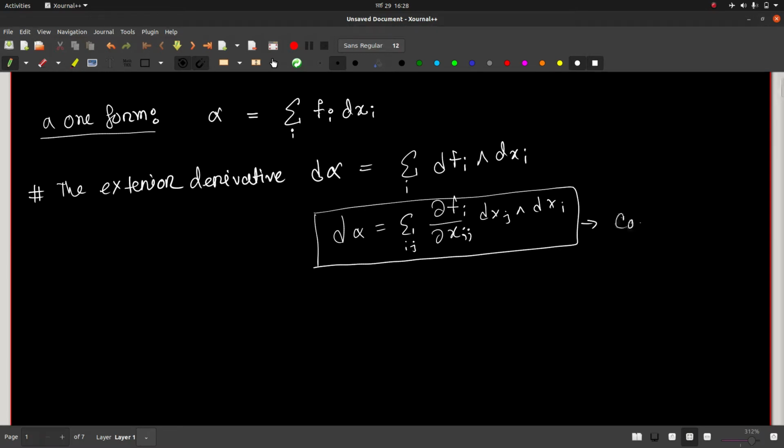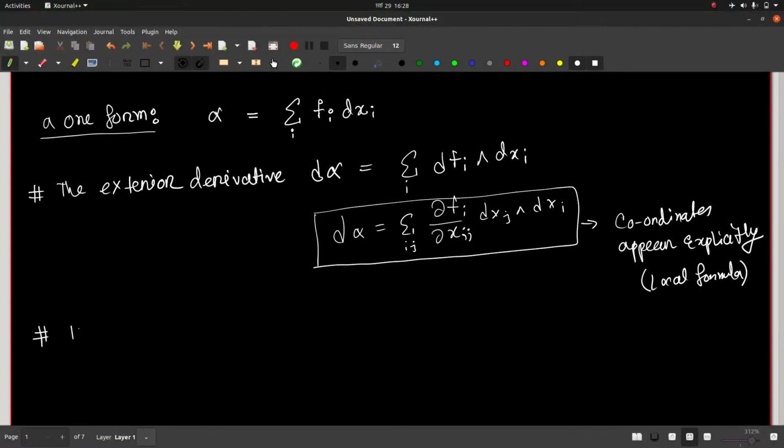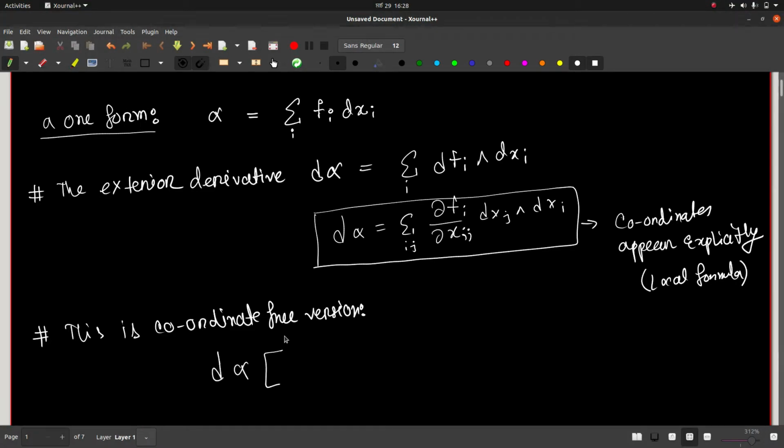So coordinates appear explicitly. It's also known as the local formula, and this is the coordinate free version. And this is written as d of alpha, which acts on two vector fields, which can be in general constant or non-constant.